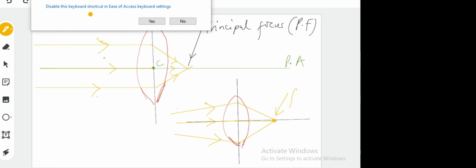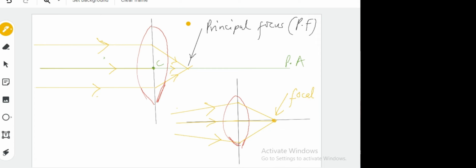Focal point. So principal focus is a special focus point where parallel rays that pass through the lens meet or converge.